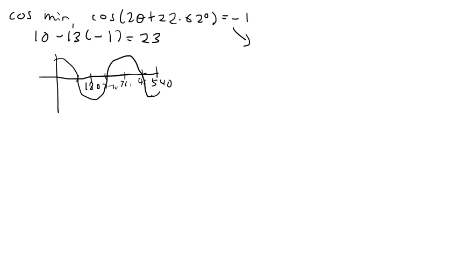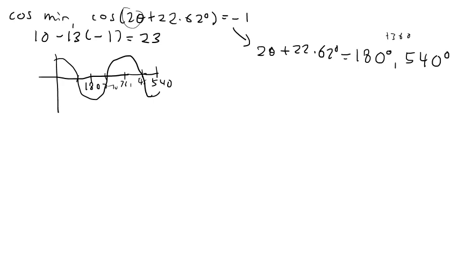So remember, we have 2 theta, so 2 theta plus 22.62 degree. So the minimum will occur at 180 and also 540 degree. And also, if you notice here, when we subtract 540 and 180, the difference between these two is actually 360.